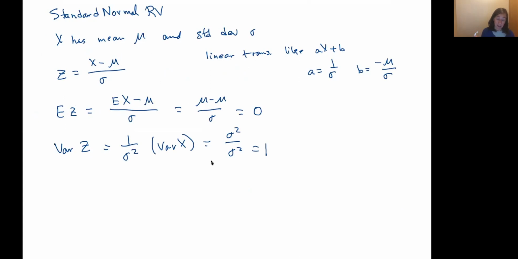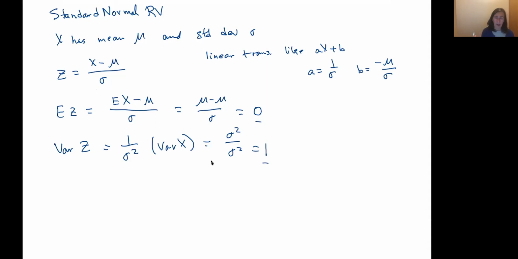Not bad for me to perhaps go through this, the same process again. So standardizing the random variable just means subtracting off its mean value first, and then dividing that difference by the standard deviation. There was no stipulation in any of this that the random variable was normal. So you can standardize any random variable to turn it into something that has mean 0 and standard deviation of 1.